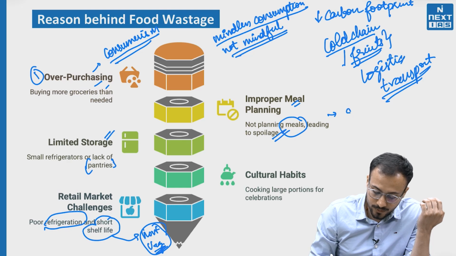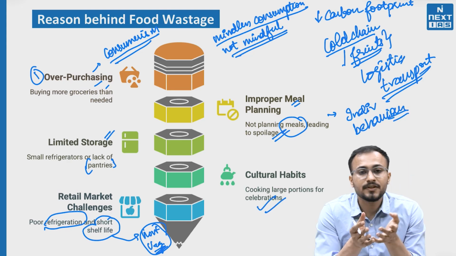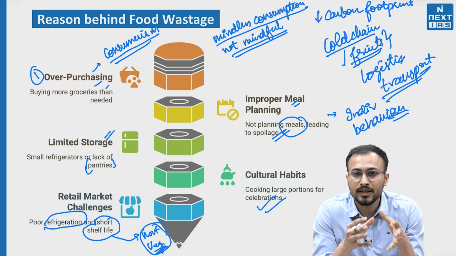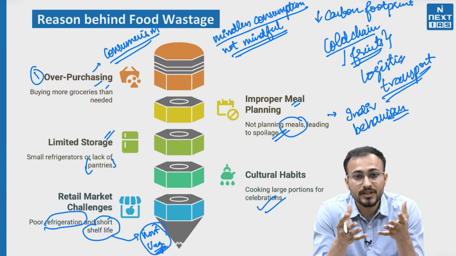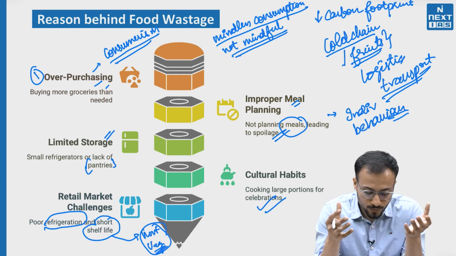This is again linked to individual behavior. Then cultural habits, cooking large portions for celebrations. Even in festivals, a lot of sweets are kept and they are spoiled, they are wasted. So cultural habits also promote food wastage.